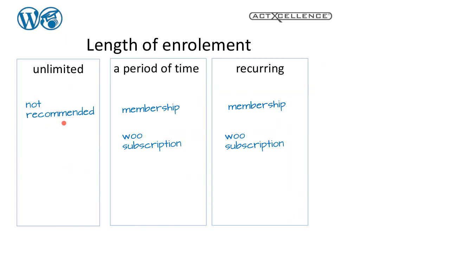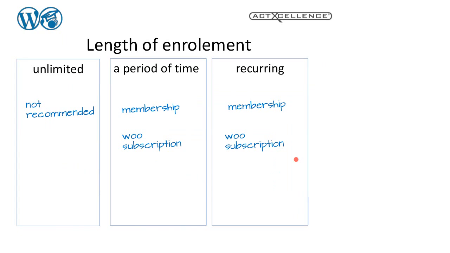So I would definitely only recommend limited sales. A period of time is possible with the Moodle plugin, with membership plugins, and also with Woo subscription. So you can use all solutions for that.